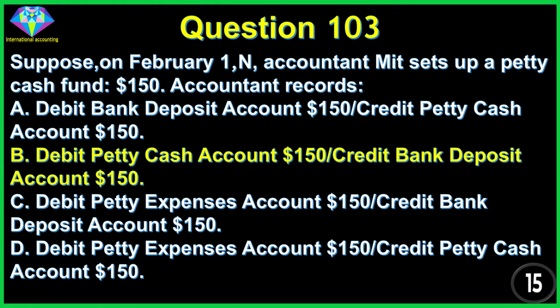The answer is B. Debit petty cash account $150 per credit bank deposit account $150.